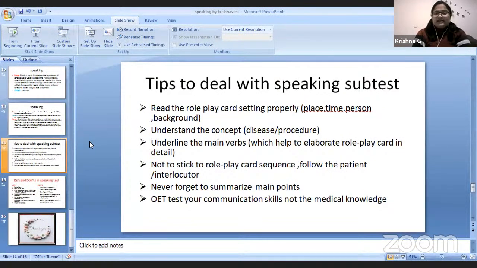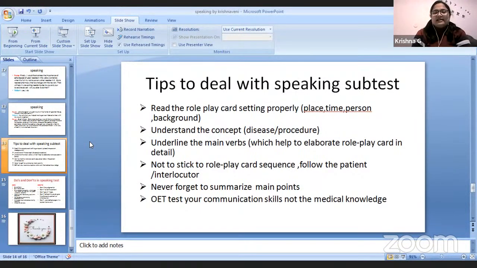So you can easily get the information from the background setting or background information. Then from there itself you can understand what time of day it is, because at times in the OET speaking subtest the cards say Saturday night or Sunday night, a patient came to the emergency department after a motor vehicle accident.